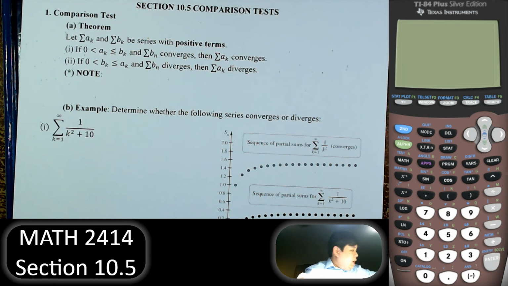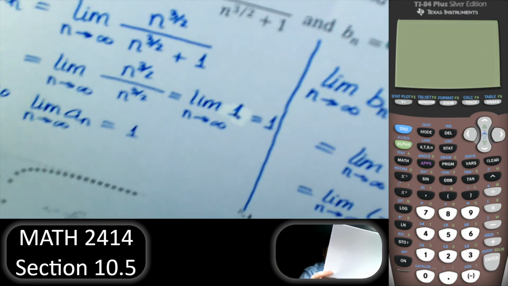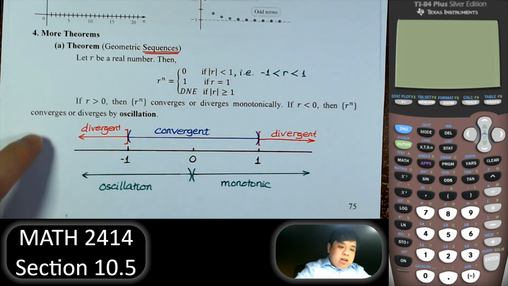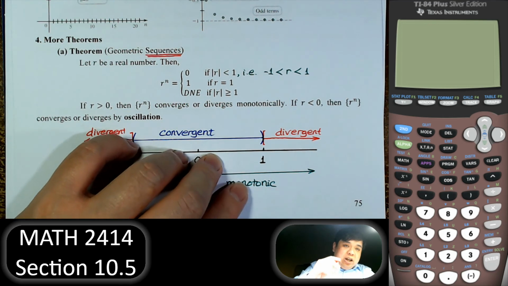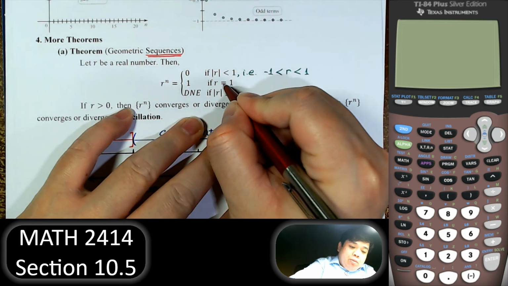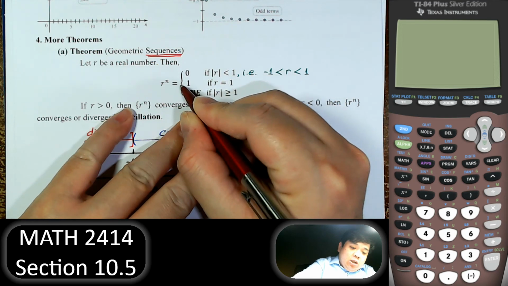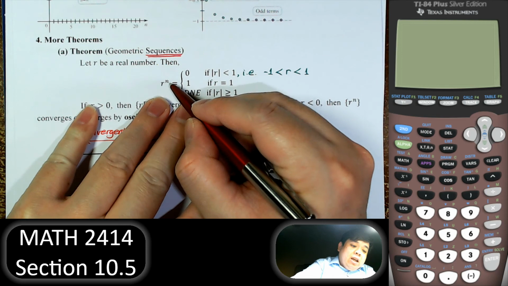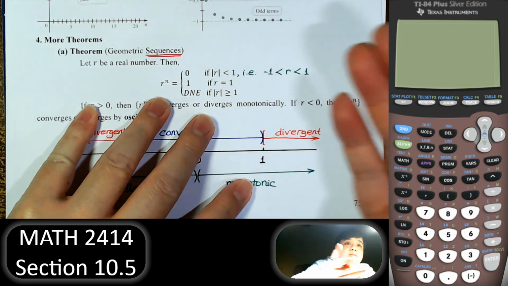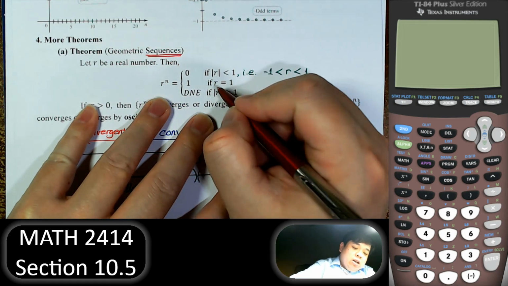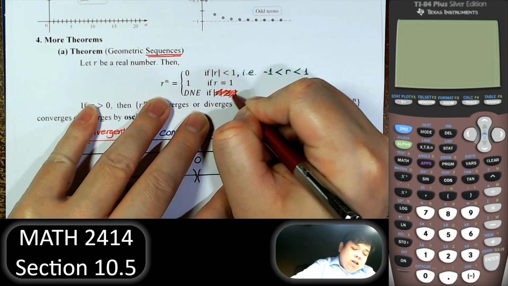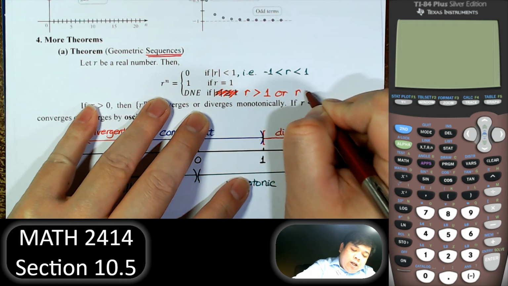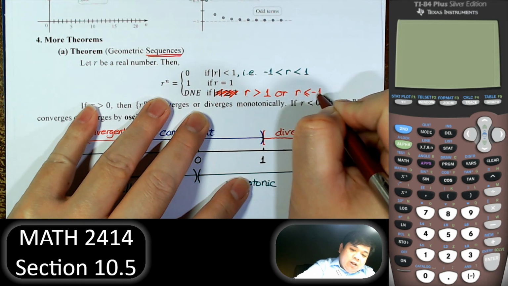And on that note, I actually made a mistake in section 10.2. The part here is obvious. I changed this in the notes and I posted the correct one because there's overlapping here. So obviously we have r to the n, the geometric sequence. If r is equal to 1, then we have 1 raised to any power, so it's just 1. So it does not exist only when r is greater than 1 or r is less than or equal to negative 1.